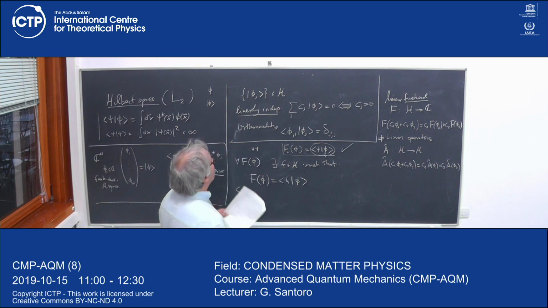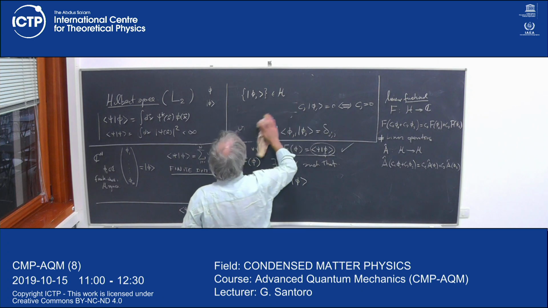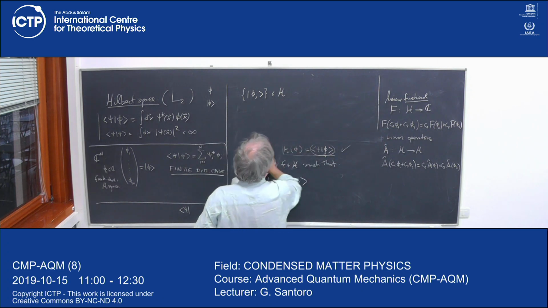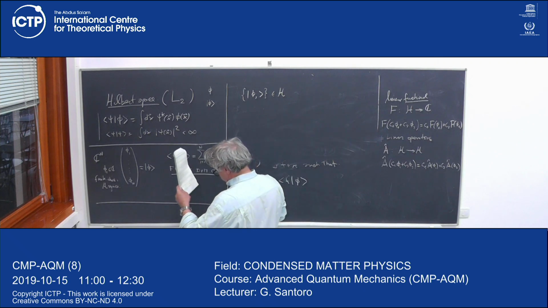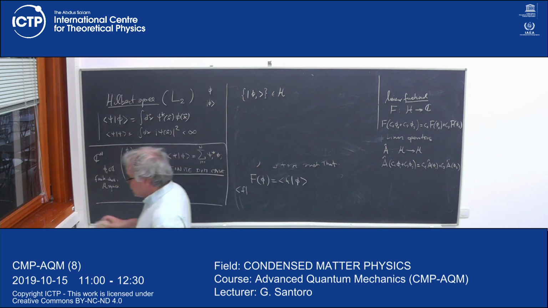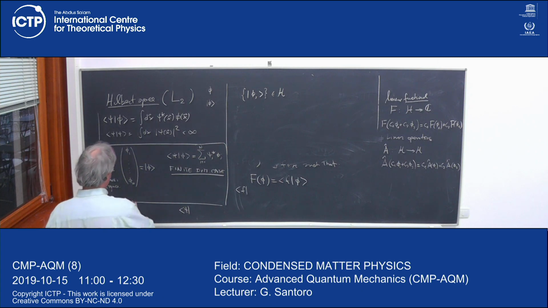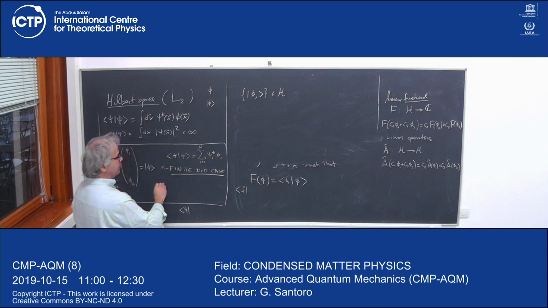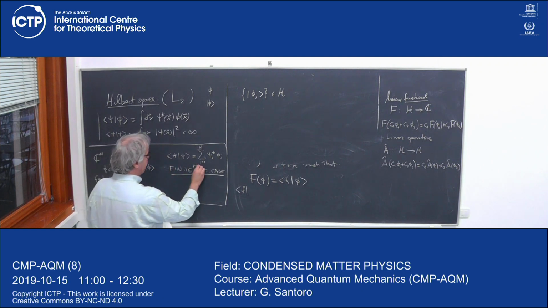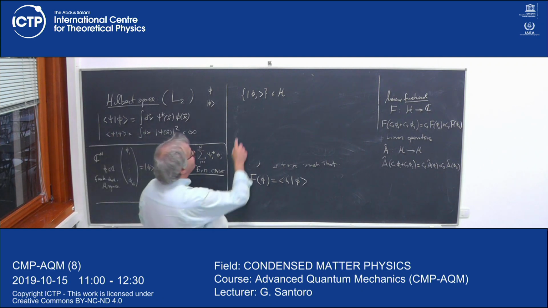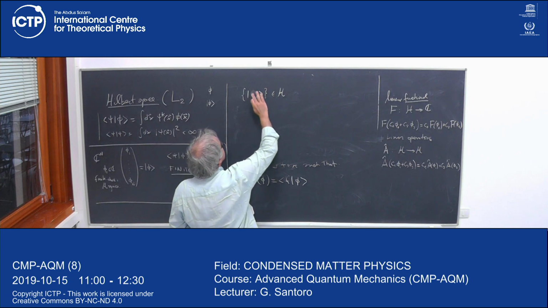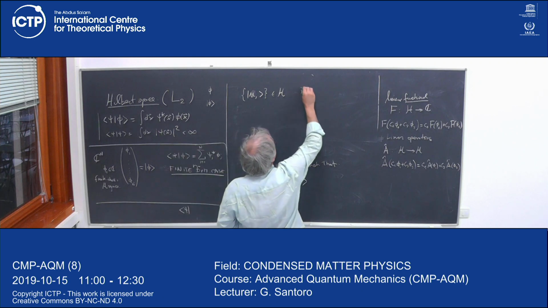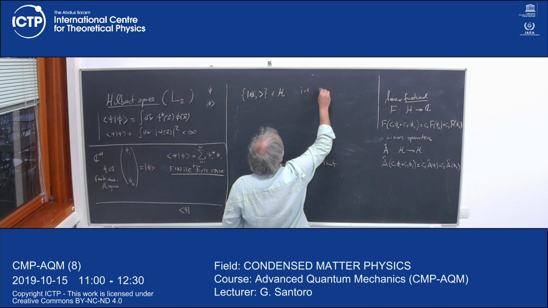Now let me assume that in this finite dimensional space, the n-dimensional case, I have an n-dimensional basis, and let me call it uj, where j goes from 1 to n.